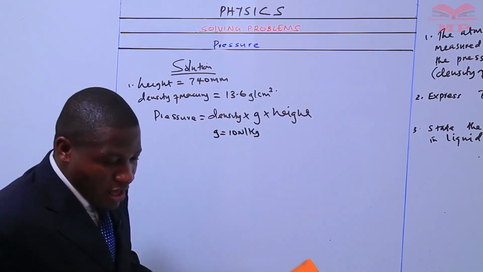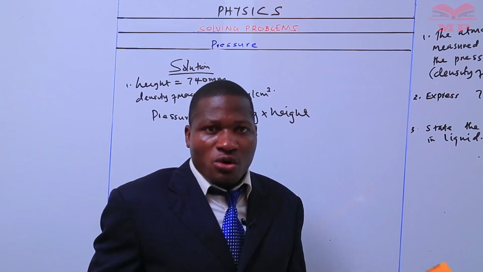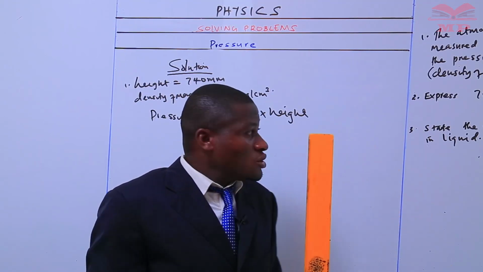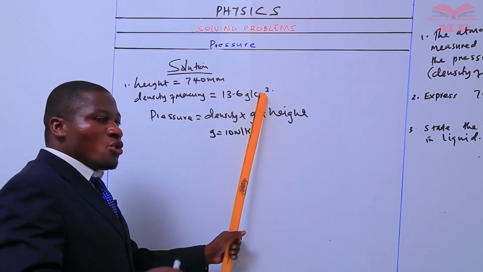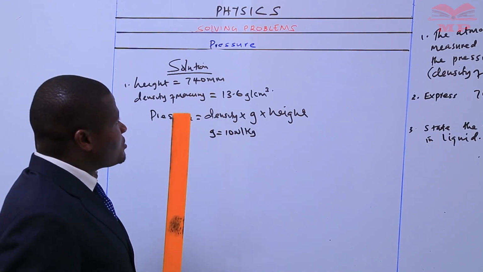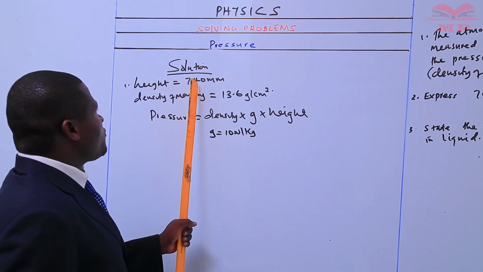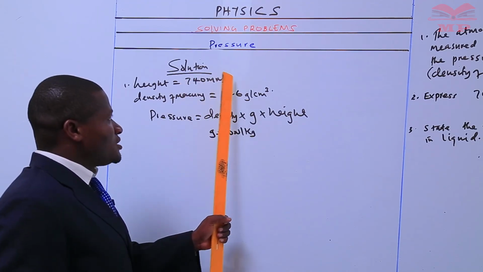I had said in the previous lesson that you should make sure you convert all the variables into their SI unit. So you have density in grams per cubic centimeter, and we are supposed to convert it to the SI unit, that is kilograms per meter cubed. Then height is 740 millimeters, which we are also supposed to convert into meters.